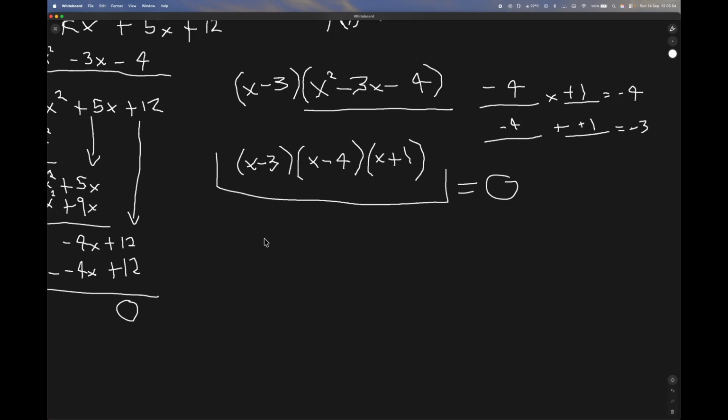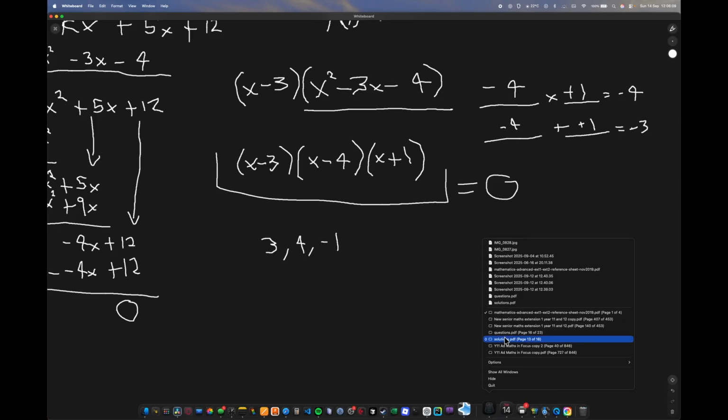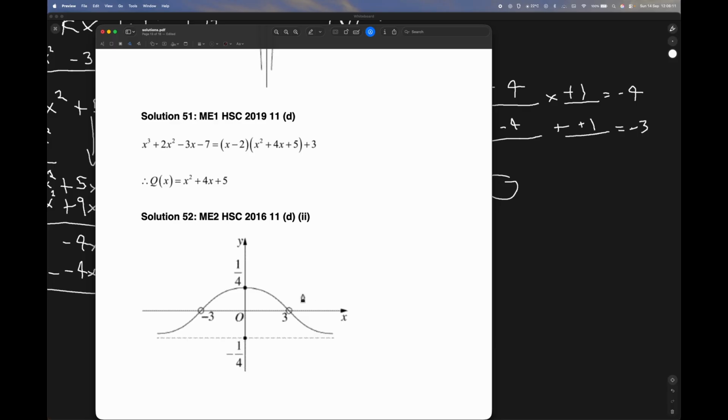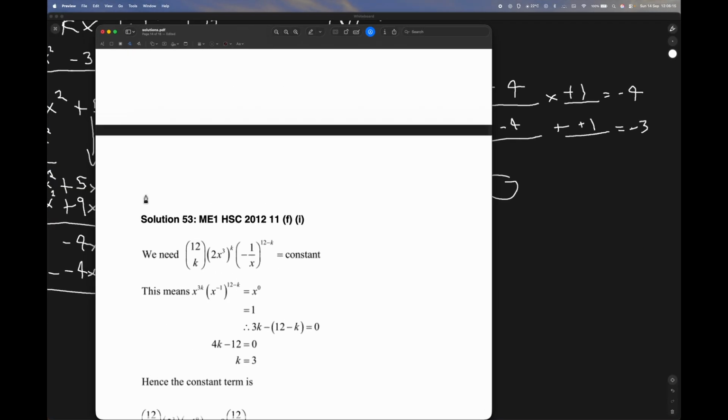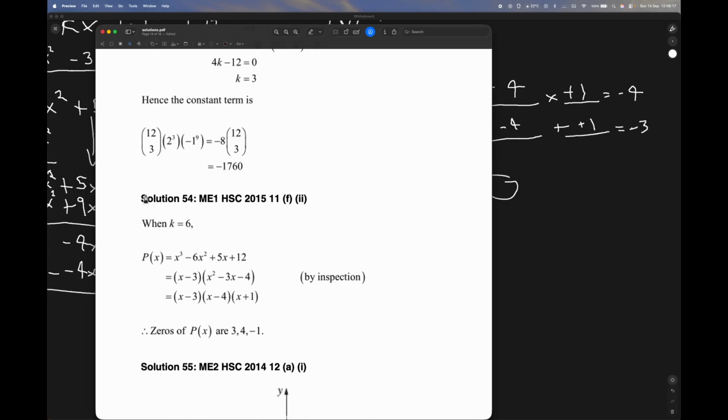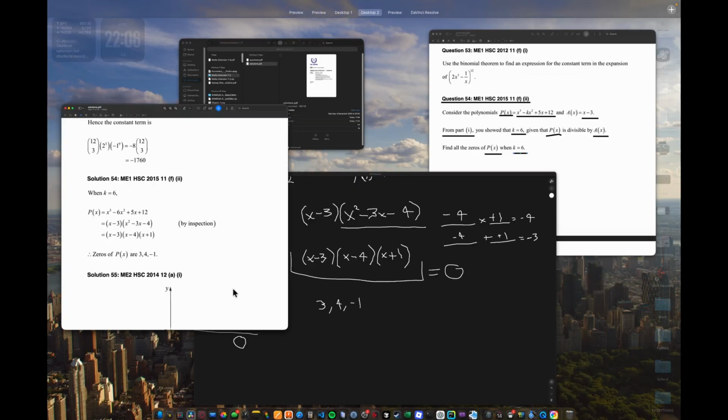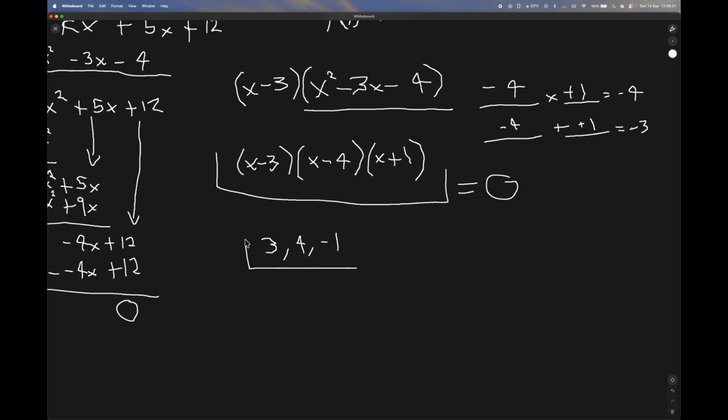So it'll be 3, plus 4. Now we're going to flip the minus into a negative, negative 1. So let's check our solutions. Which question was this? This was question 54. 3, 4, negative 1. That's exactly what we got.